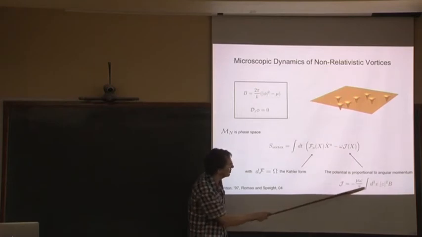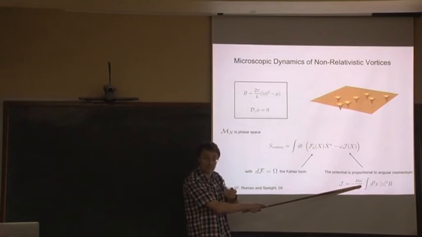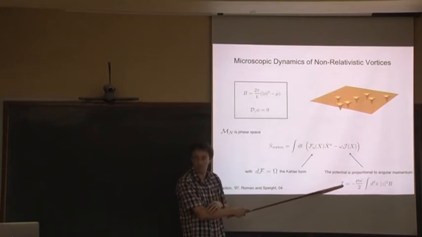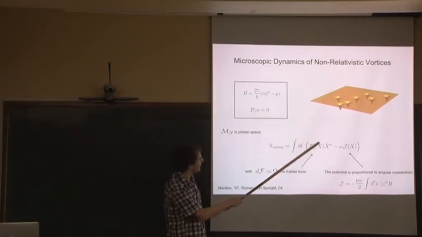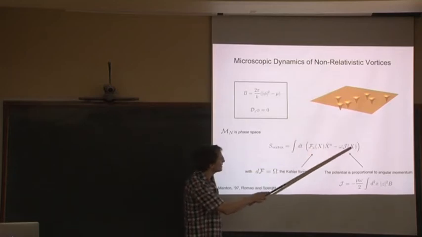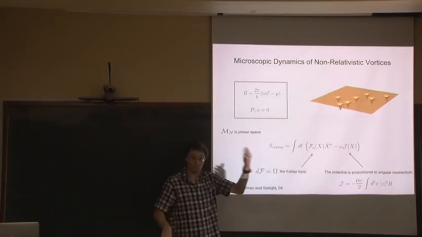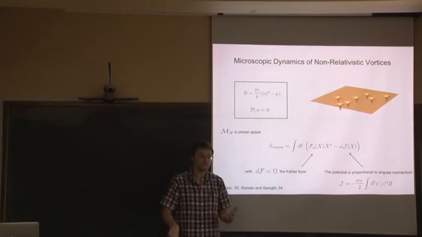You can show that evaluated on the vortices, this is the angular momentum of the vortices. So you have this large space, and there are two functions you need to compute on it: this one-form F_a of X, and this angular momentum J, which obviously is a conserved quantity, over the vortex moduli space.